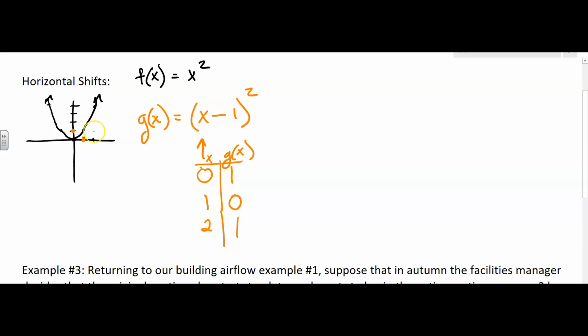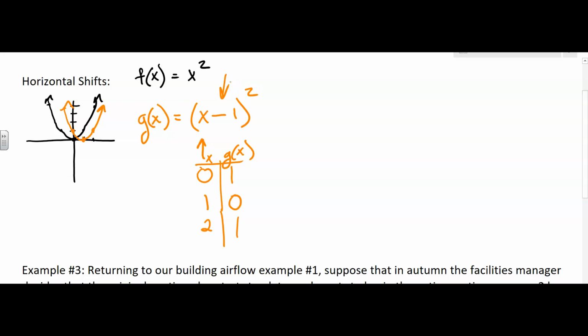So you're going to have the point right here at 2, 1. And you can see the graph is looking the same, but it's done a horizontal shift, and it shifted to the right. So we have to point out that it's shifting maybe the opposite of what you're thinking, because it's minus 1, but that's making it shift to the right.